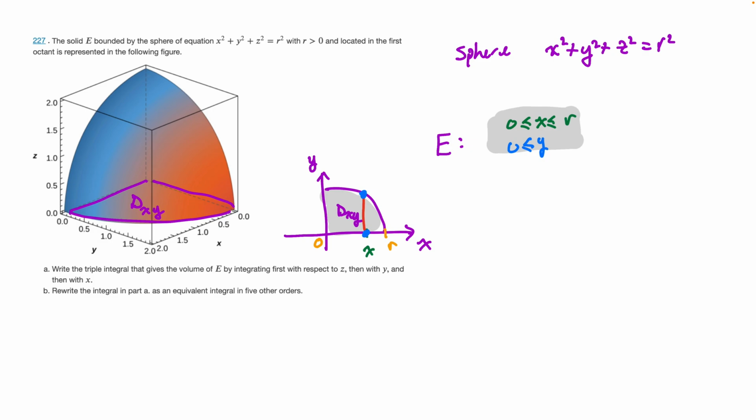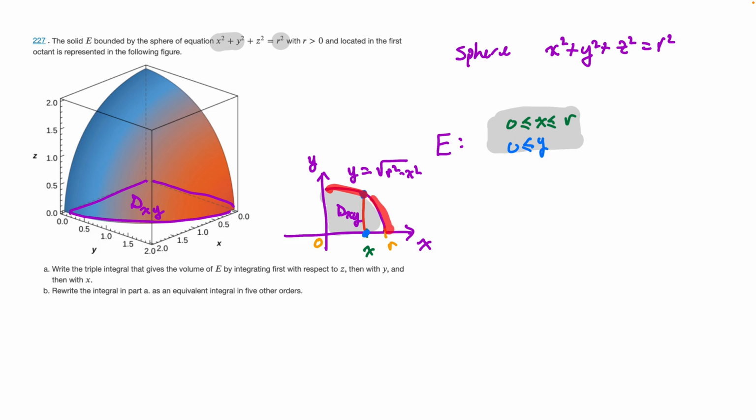To express the quarter circle, which is given by the equation x squared plus y squared equals r squared, we solve that equation for y, and we'll get y equals the positive radical of r squared minus x squared.